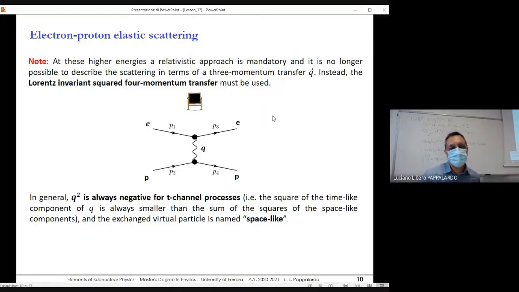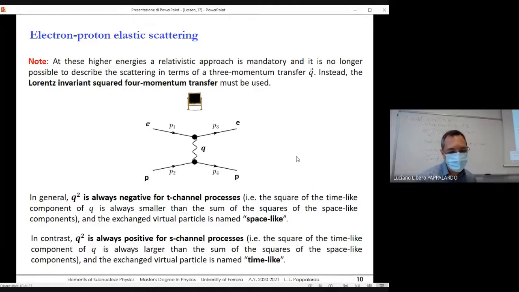So this is our Feynman diagram for electromagnetic scattering between the electron and the proton. As you see, it is a T-channel process, as we studied in the past. If you remember, q squared is always negative for T-channel processes. This means that the square of the time-like component of q is always smaller than the sum of the squares of the space-like components, and in this case the exchanged virtual photon is called space-like.